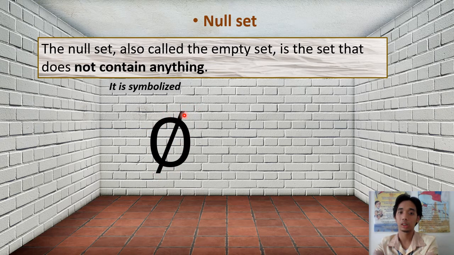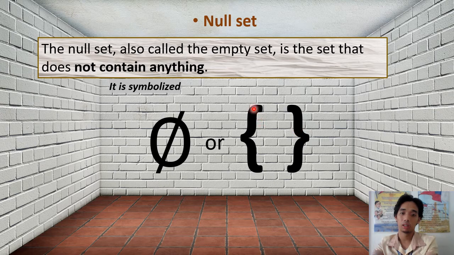So this means null set, or we can symbolize it as empty curly brackets. So that is how we represent null set.